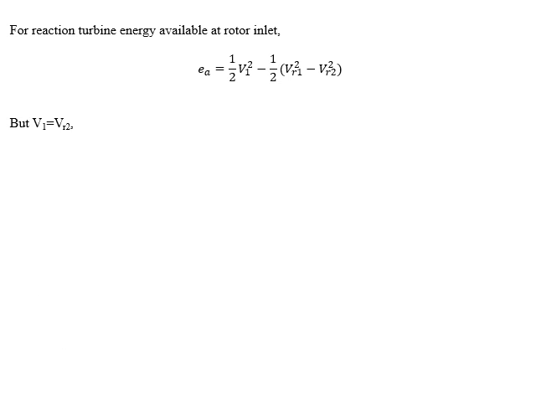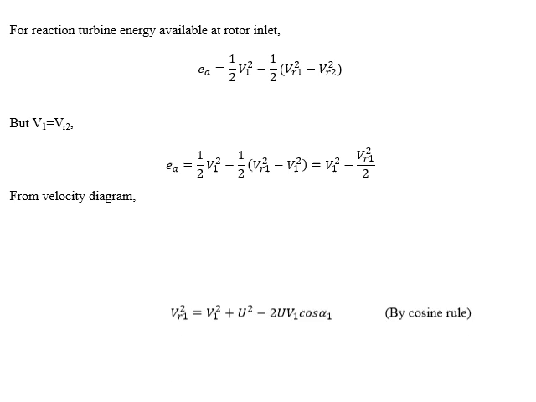But V1 is equal to VR2. Now this energy available at the rotor inlet is equal to half V1 square minus half (VR1 square minus V1 square). After simplification, we get (V1 square minus VR1 square) by 2.